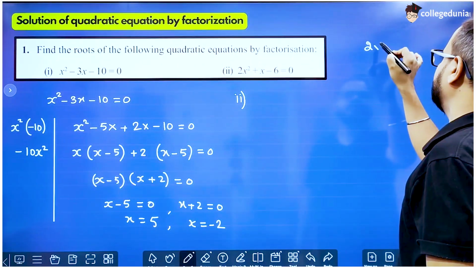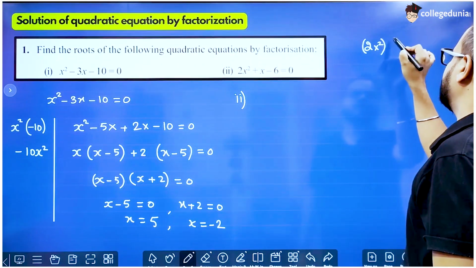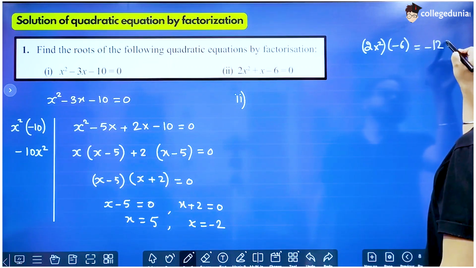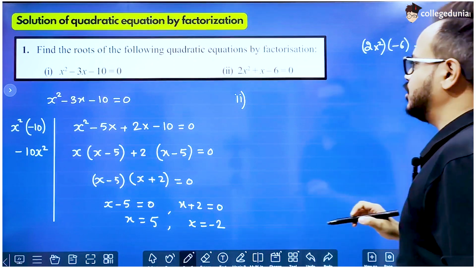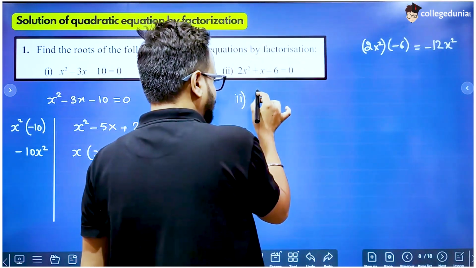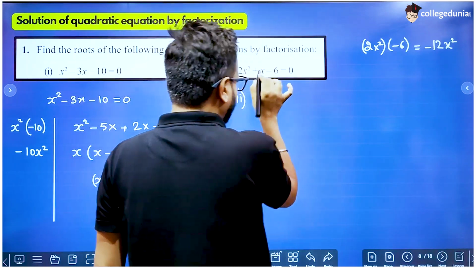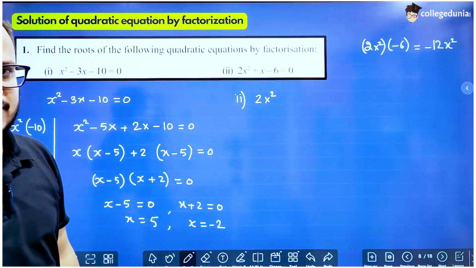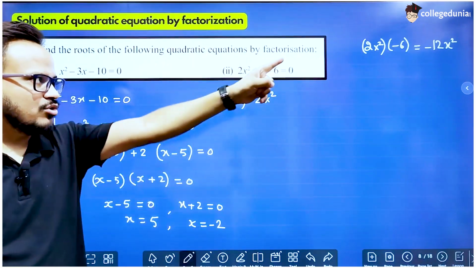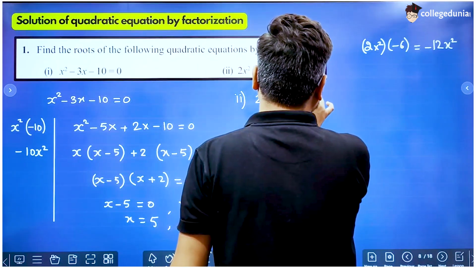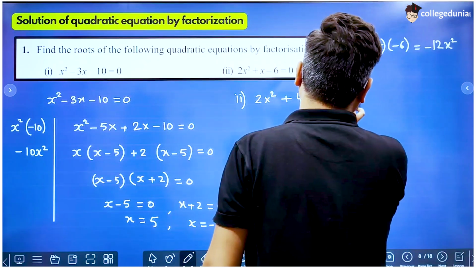So 2x square into minus 6 is minus 12x square, right? So we have to split the middle term, that is plus x, in two terms such that their sum is plus x and their product is minus 12x square. So it is 4x minus 3x.